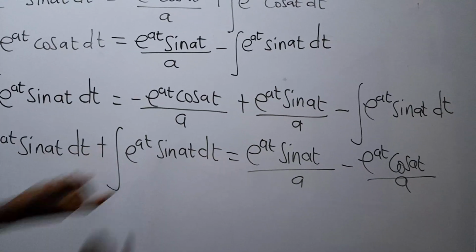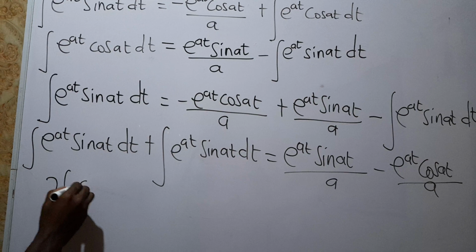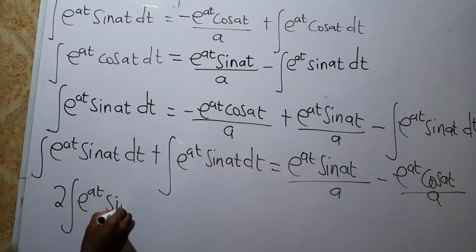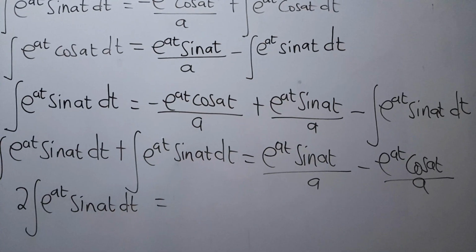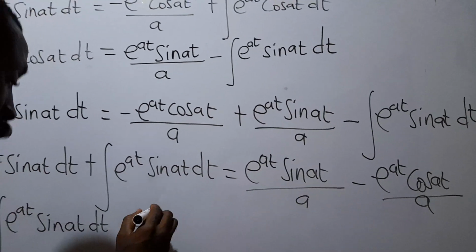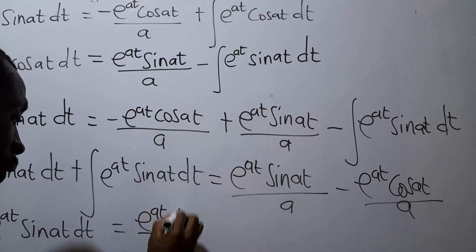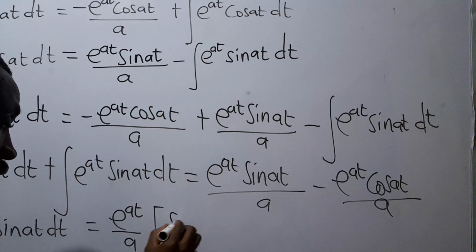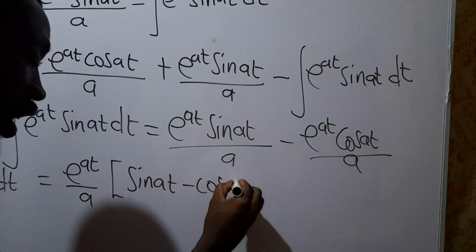Now this plus this will just be 2. So 2 times the integral of e^(at) sin(at) dt will be equal to, and e^(at) over a is common. So I can say e^(at) over a times (sin(at) minus cos(at)).